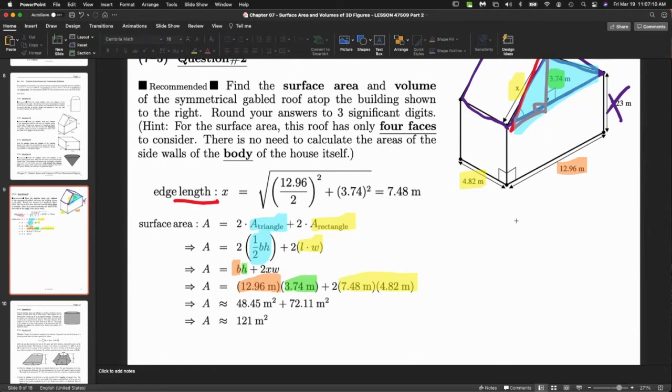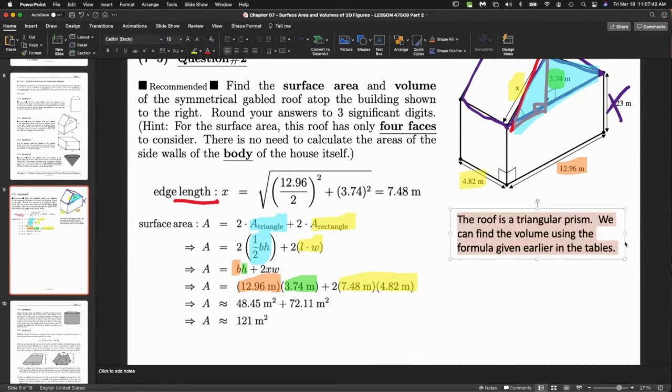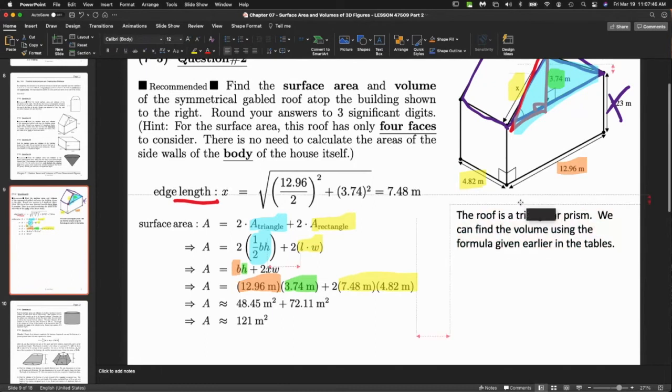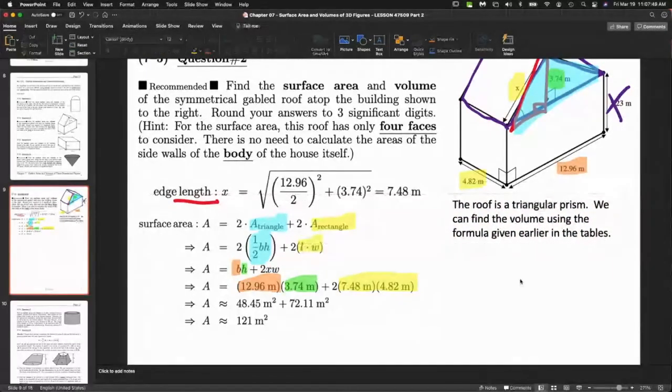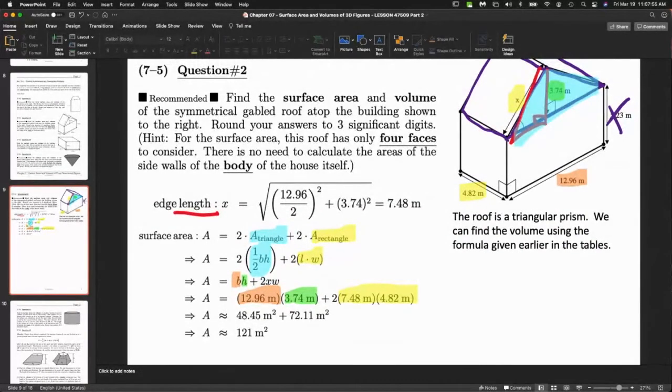So for the volume, remember we started off today's class talking about tables and different surface area and volume formulas that you can use. So in this case, the volume of a triangular prism is, I'm taking this straight from those notes earlier. So if you don't mind, I'm just going to present my solution here. And only because I gave you a 15-minute head start.